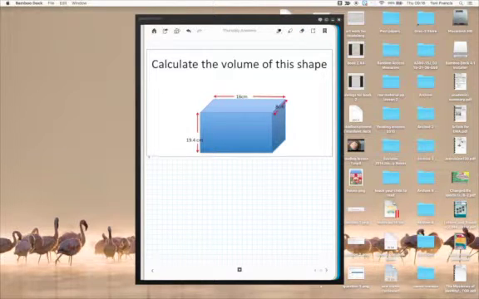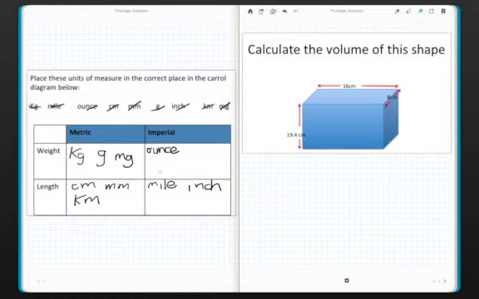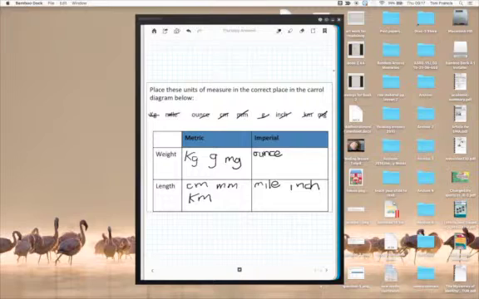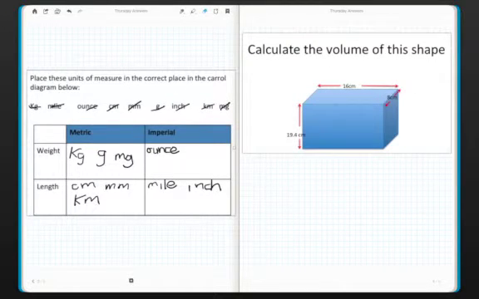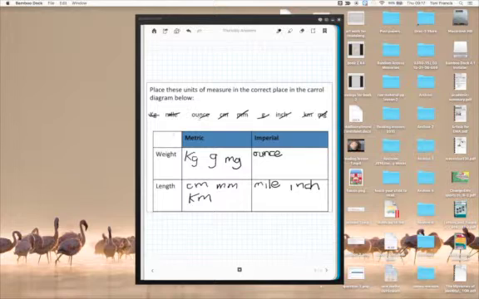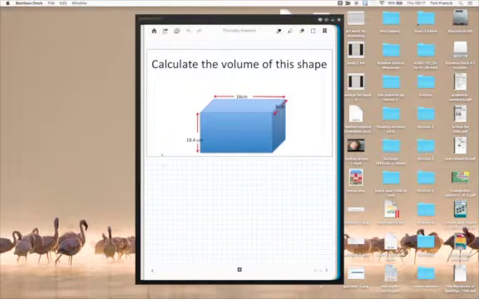Well, volume is length times width times height, or the area, which is length times width, times height.